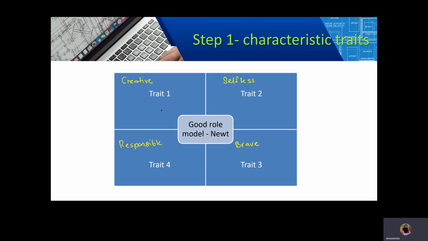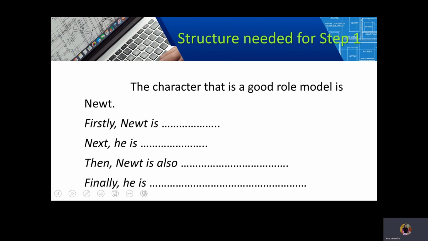So the next step is, once you have done this, the teachers must provide a framework or the structure for the students to follow. So these are the sentences that we can begin with. So the first thing just now we said that, all right, firstly, Newt is what just now? Creative. Okay, we put there creative.